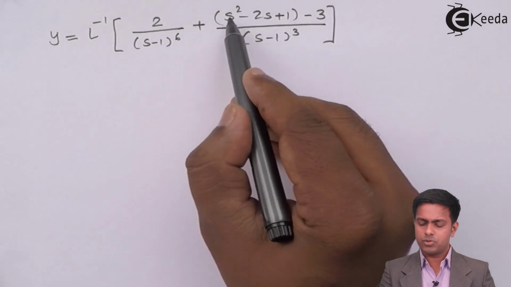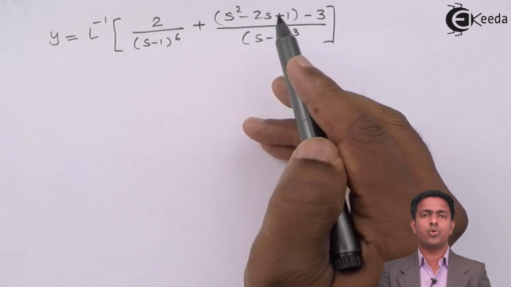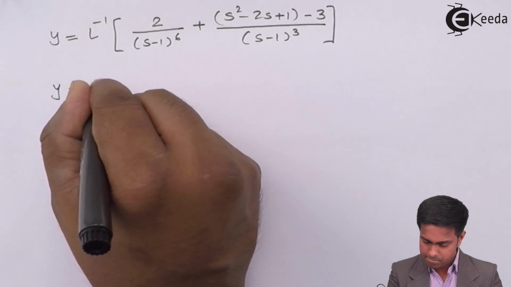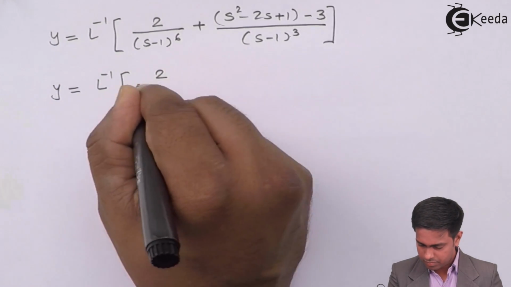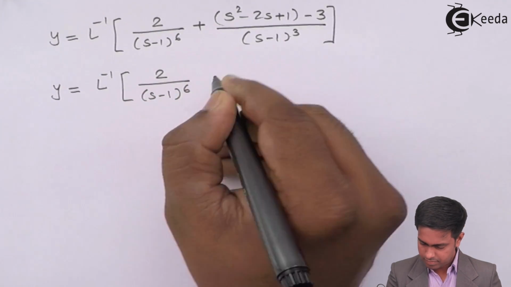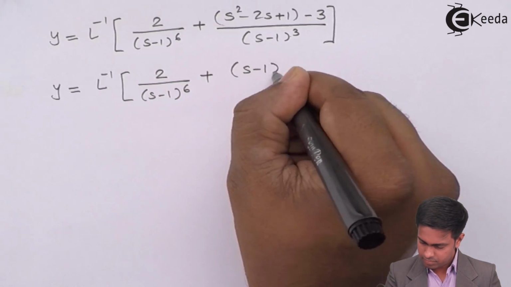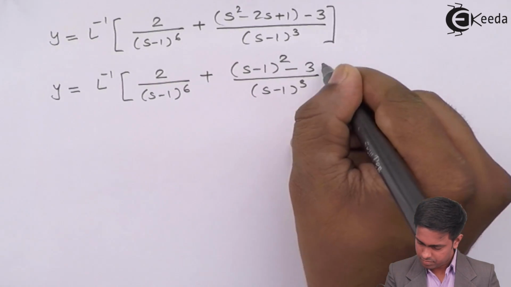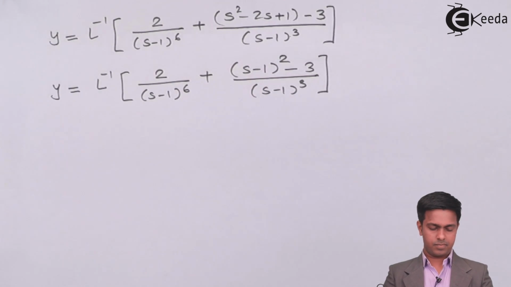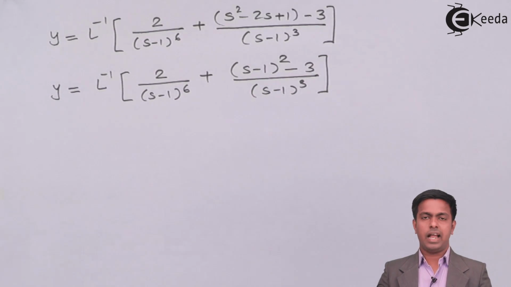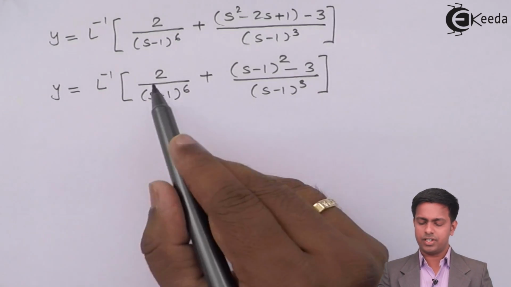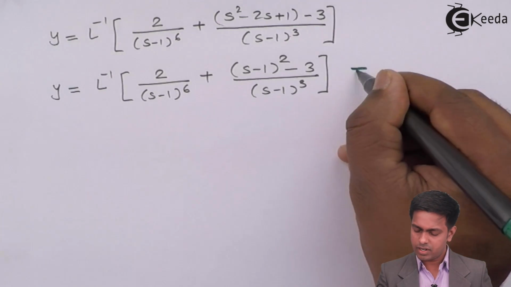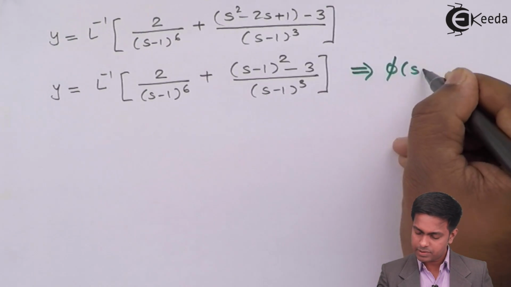Now this bracket, if you observe, is the expansion of (s minus 1) the whole square. So here I'll write down that term. And now guys, if you see this function, it has got converted into a function of s minus 1. So here I'll write down: this has become a function of s minus 1.